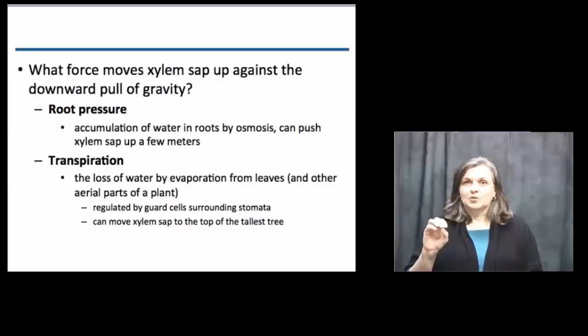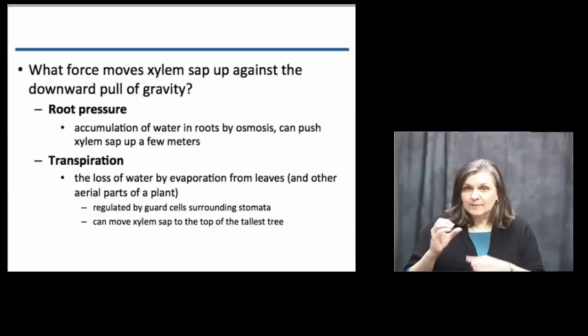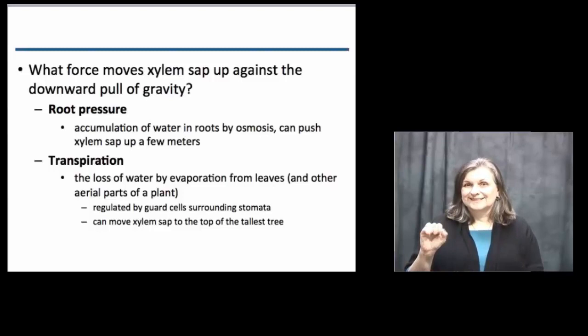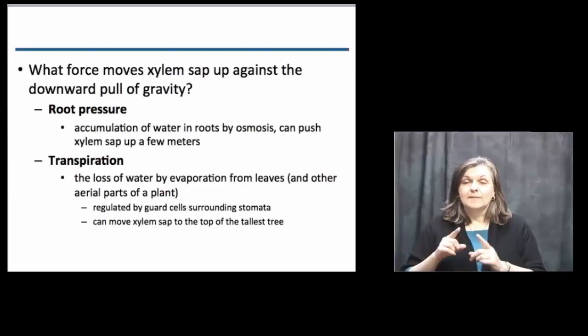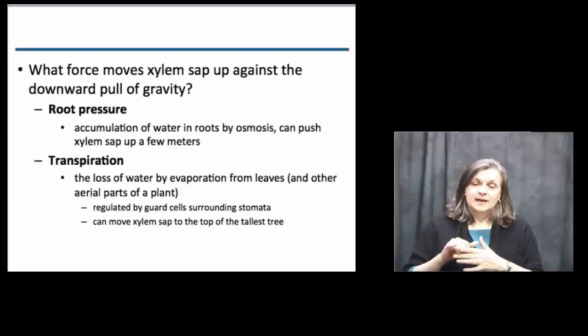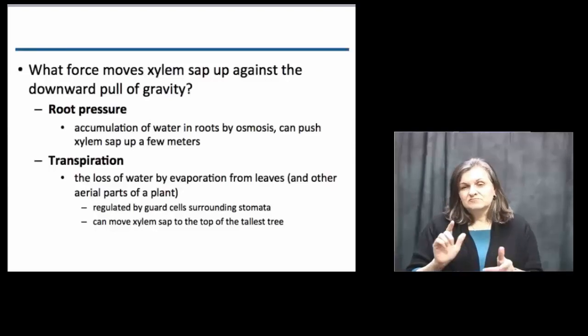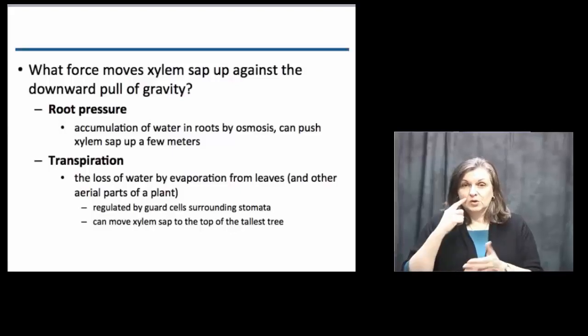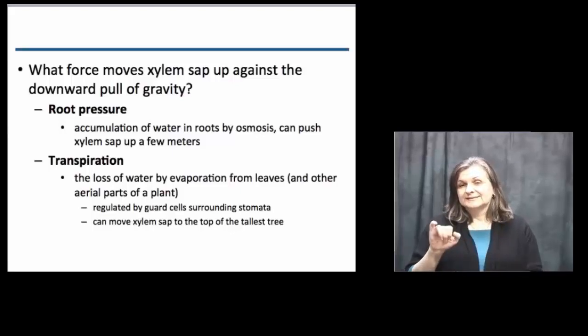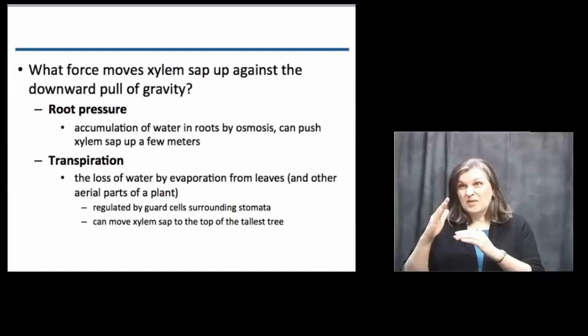If you don't remember osmosis, we'll talk about it a little more in a moment, but we're looking at this movement as being minimal compared to the size of most of the plants that we want to bring water to. So that's only part of the story. As you see here, I have noted the xylem sap is only going to move a couple of meters with the root pressure alone. It's going to need help.